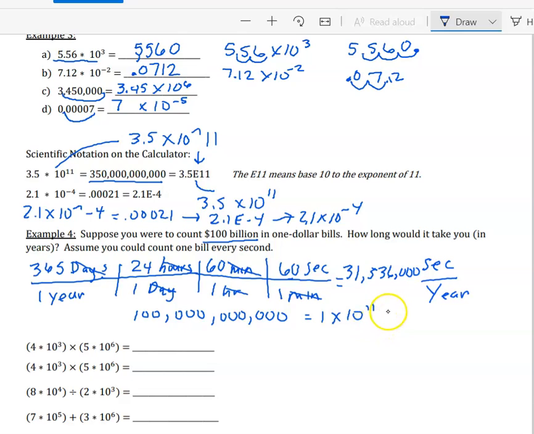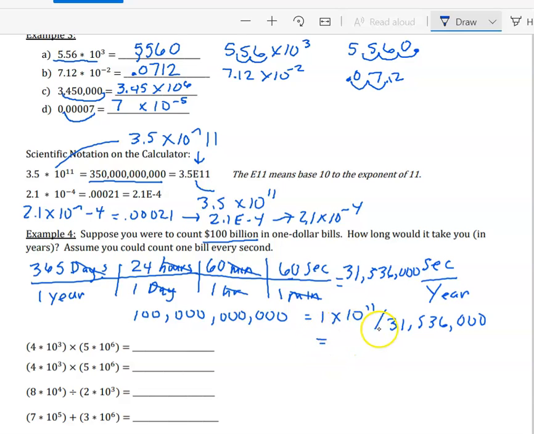So I'm going to take that number and I'm going to divide it by what we have. So I can count 31,536,000 seconds in a year. So in 1 year, if I'm counting $1 a second, this is how many dollars I could count in 1 year.